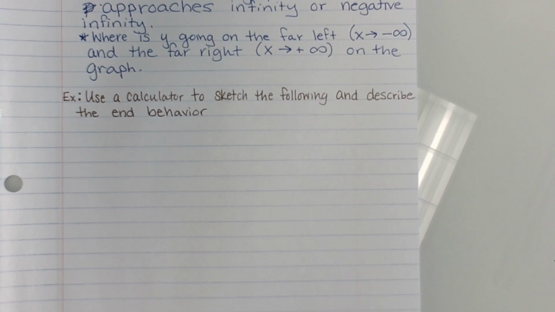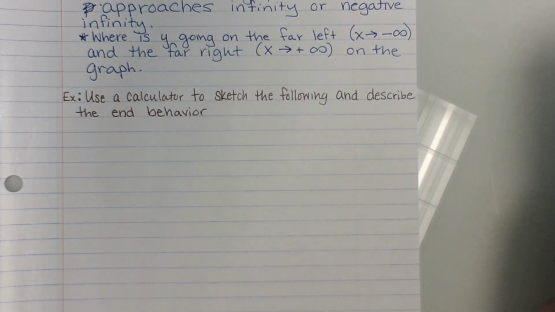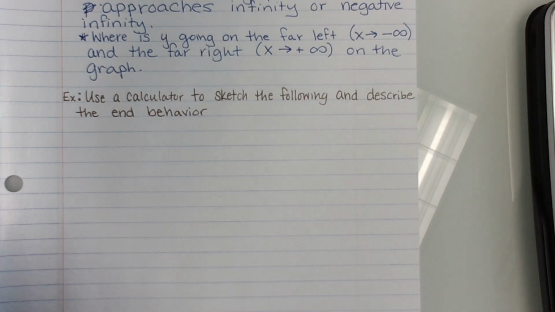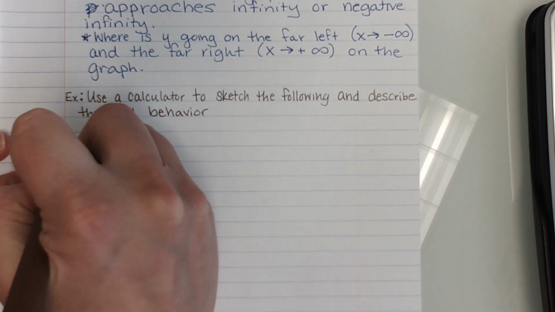Use a calculator to sketch the following and describe the end behavior. Now, we're going to actually wait a tiny bit on the highlighters. They have a purpose. You're not going to see it right away. That's okay. I promise. It's there. Because first thing we're going to get to is sketching that graph and talking about that end behavior.